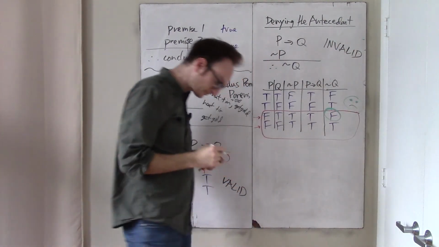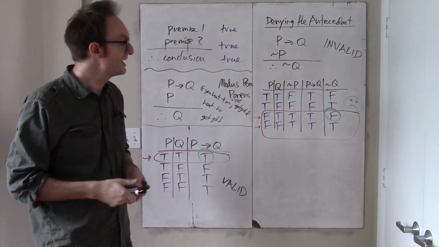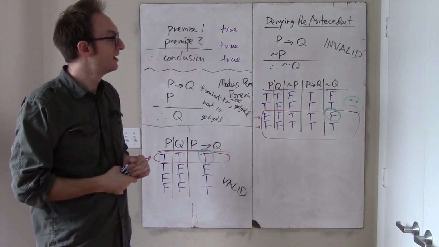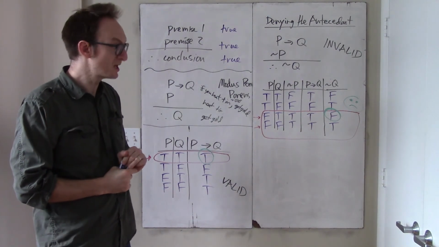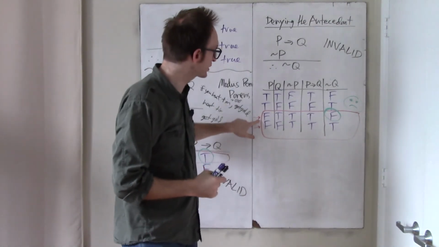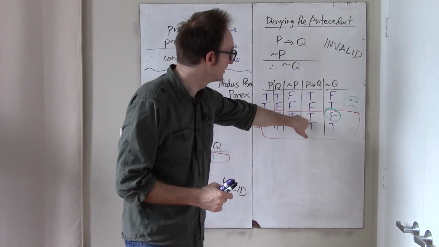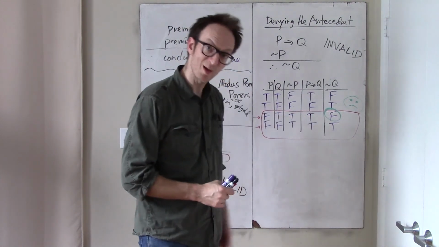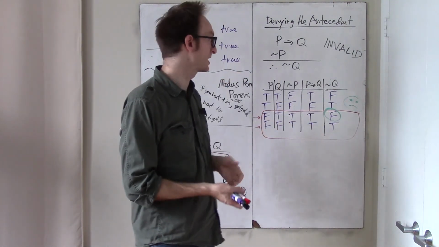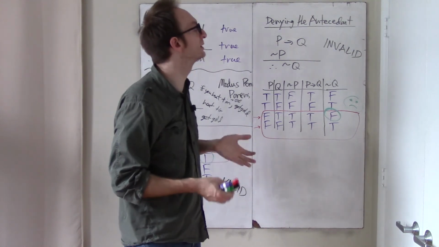And it's invalid because under some circumstances, specifically the circumstance in which P is false and Q is true, the premises are both true, but the conclusion is false. Therefore, this argument is not to be trusted, because sometimes this argument will lead you astray.